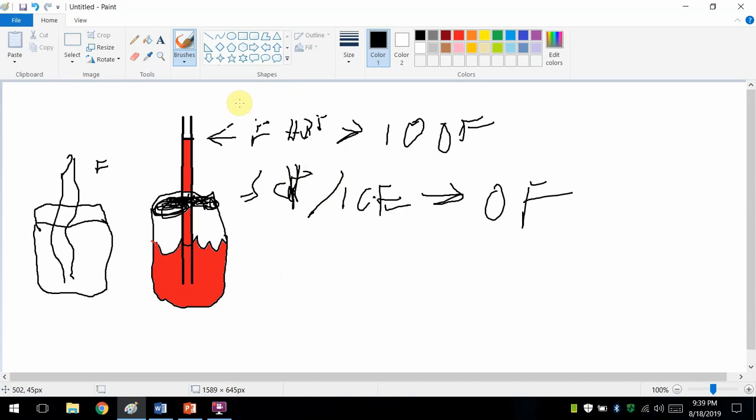And he set the 100 degrees between the salt ice mixture and human body temperature, and that was the Fahrenheit scale.